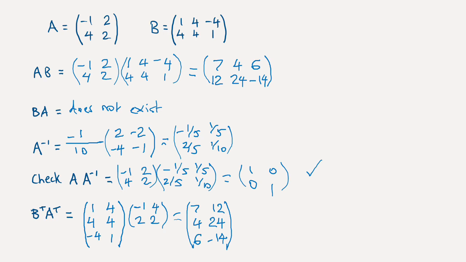And notice that what we've just calculated is the transpose of what we calculated earlier for AB. So we've just demonstrated a property of matrix transposes, that this is the same as the transpose of matrix AB.